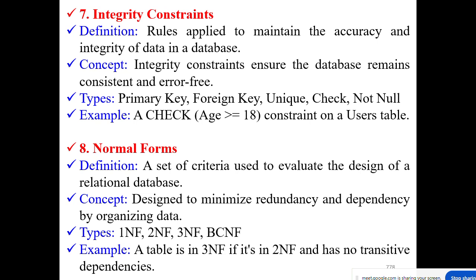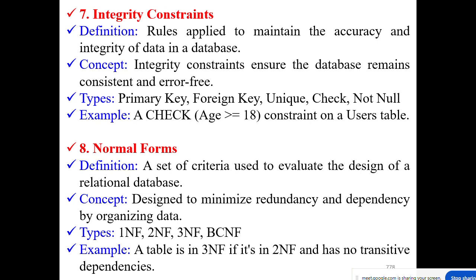Why should we integrate constraints, Ramchan? Because data may be of different types like integer, character, float, double, audio, video, text, graphics, animation, what not. That's why we go for integrity constraints.